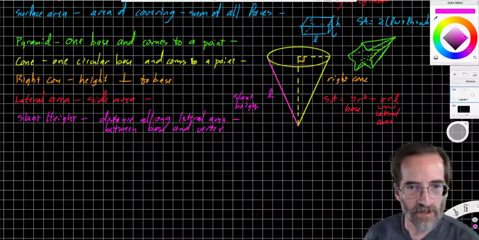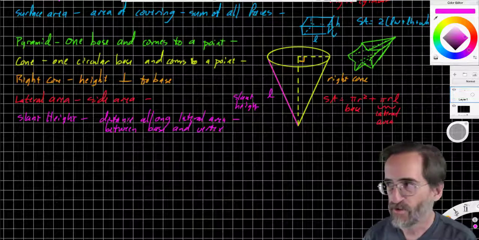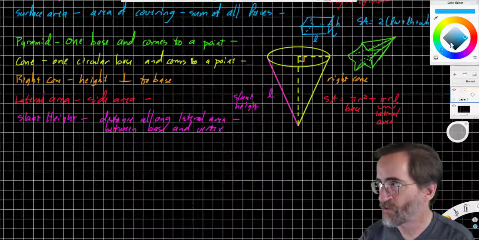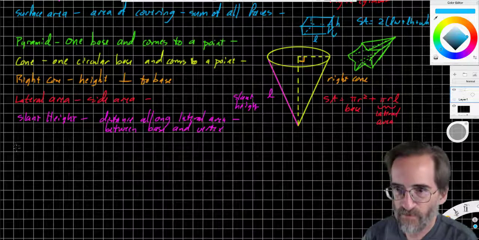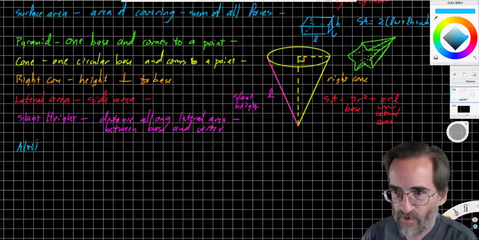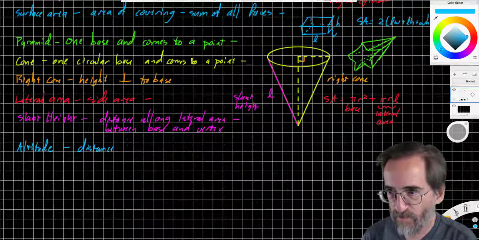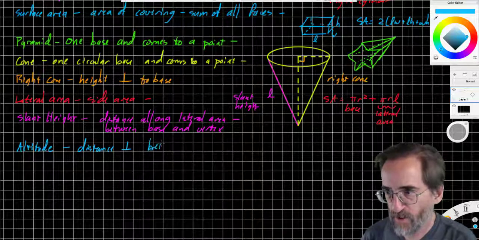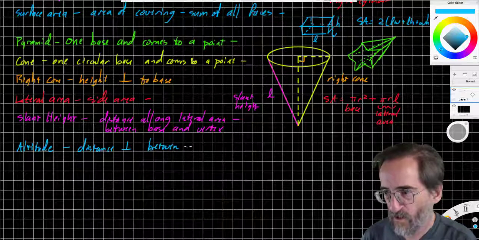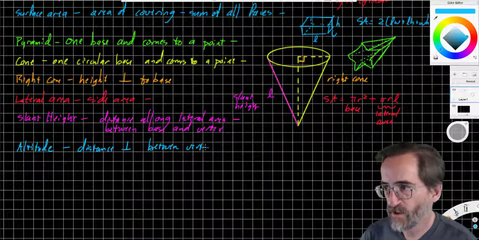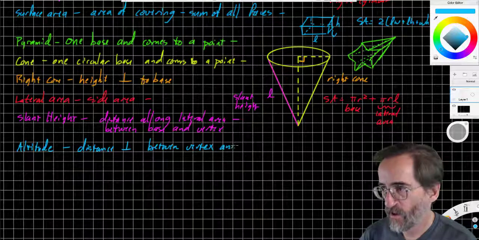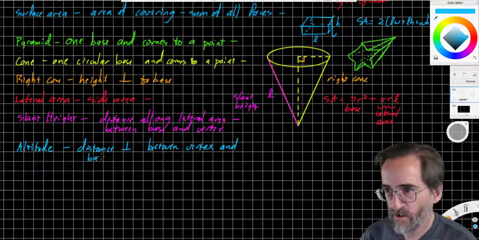Okay, we've done altitude. Altitude refers to a triangle. Distance, perpendicular, between vertex and base of a triangle.